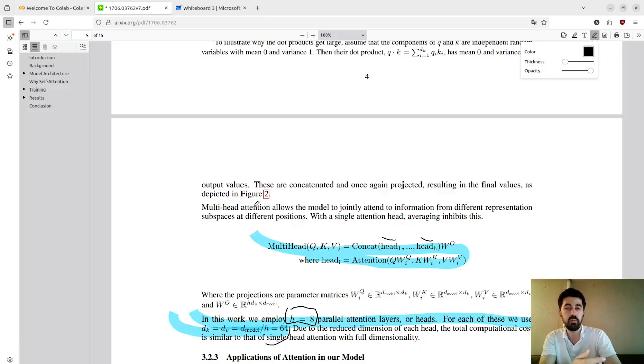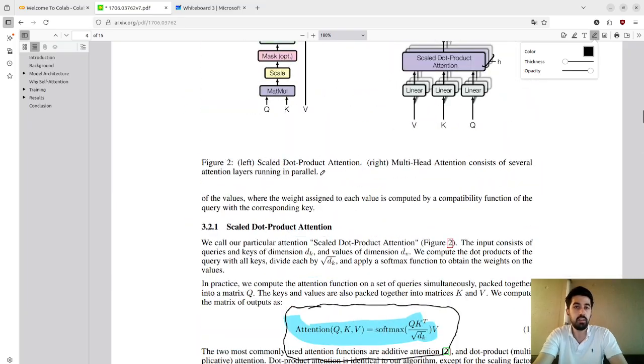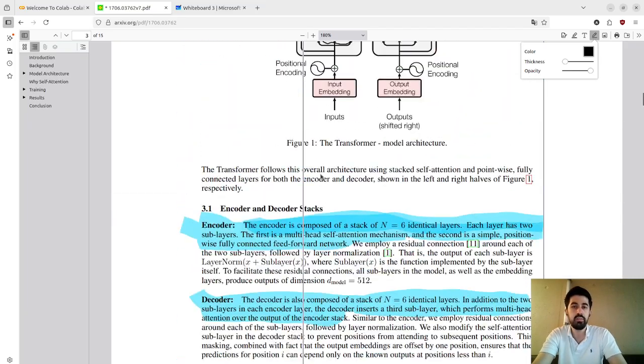So we go from 512, for example, to 64. So we get 8 different attention matrices. Each one of these attentions attends to different relationships between the words. And why it's done: it has been shown that the model learns better this way. So that's how you answer it in an interview.